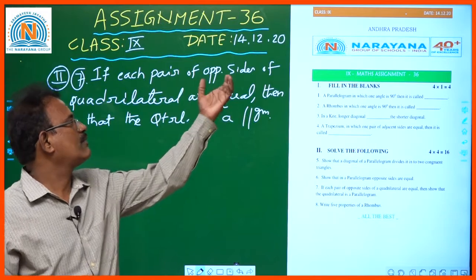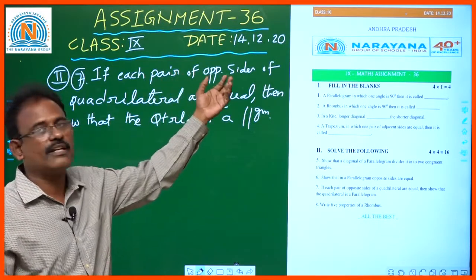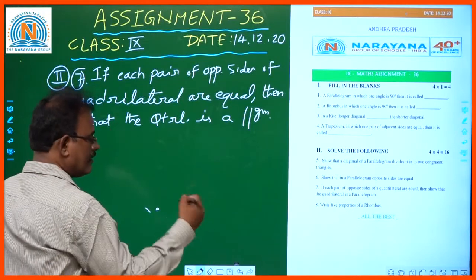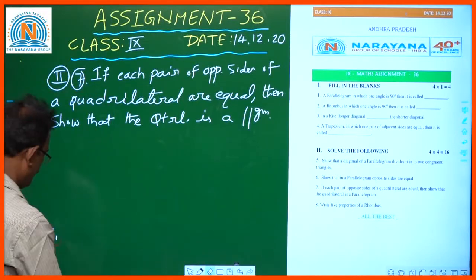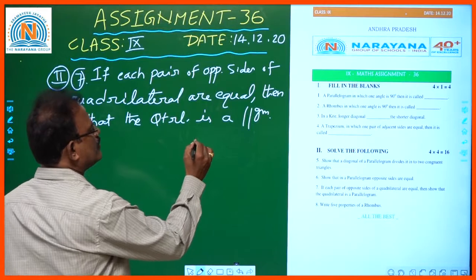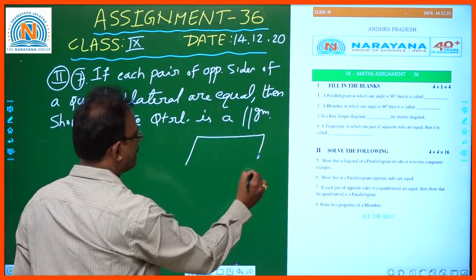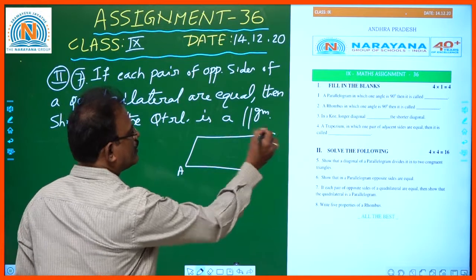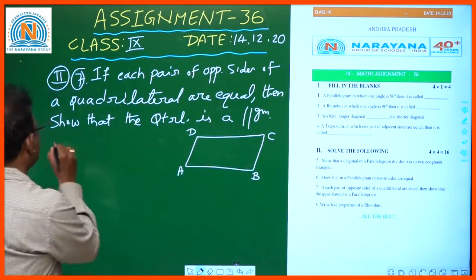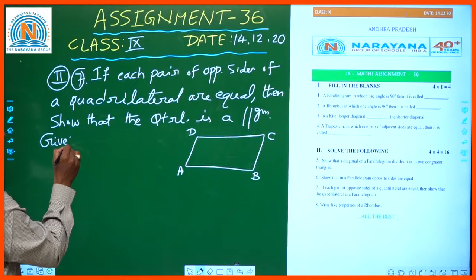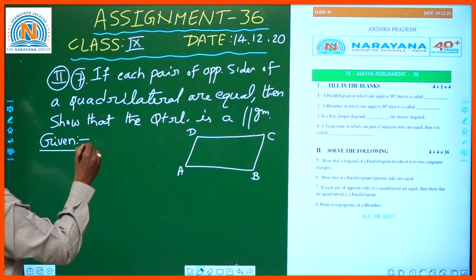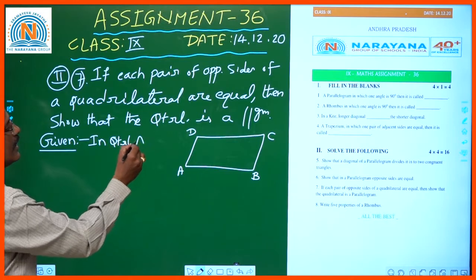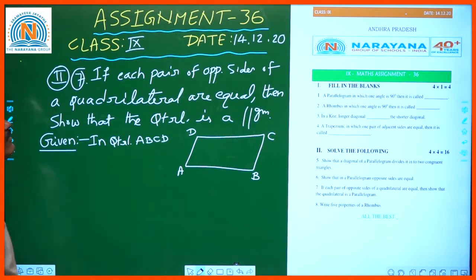See, let us consider one quadrilateral where the opposite sides of the quadrilateral become equal with respect to length, children. Okay. So ABCD. So what is given here? Here in quadrilateral ABCD, what is the given information?